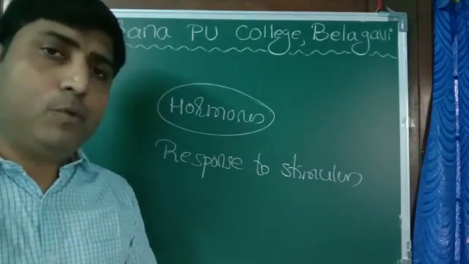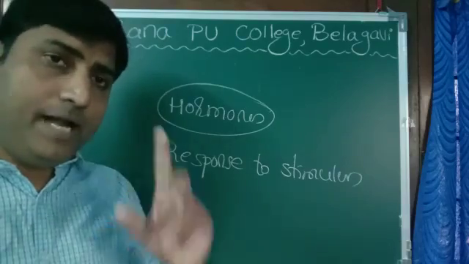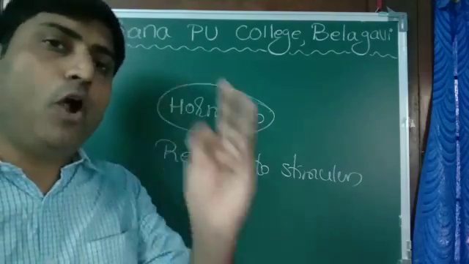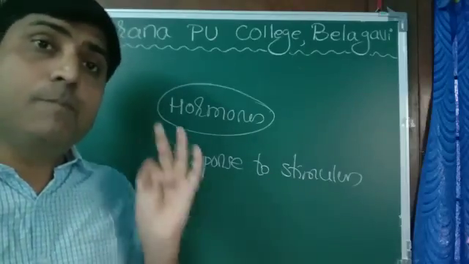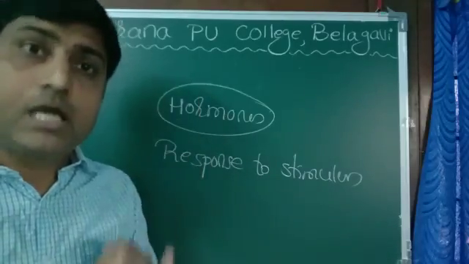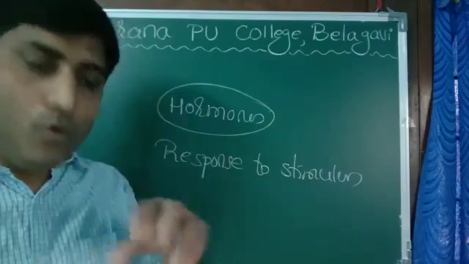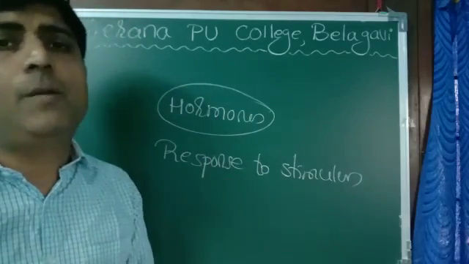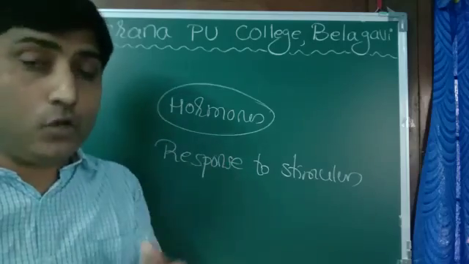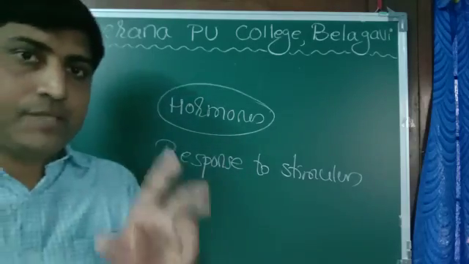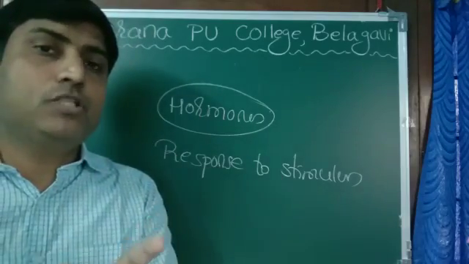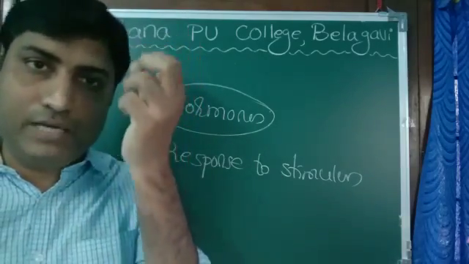We call it tropic movement. Phototropism, movement due to light. Hydrotropism, movement due to water. Chemotropism, movement due to chemicals. Geotropism, movement due to gravity of the earth. So like this, several kinds of movement. Then there is thigmotropism. It is because of touch. As we have seen in case of the touch-me-not plant, Mimosa pudica, when we touch the leaf, the leaves will get closed.